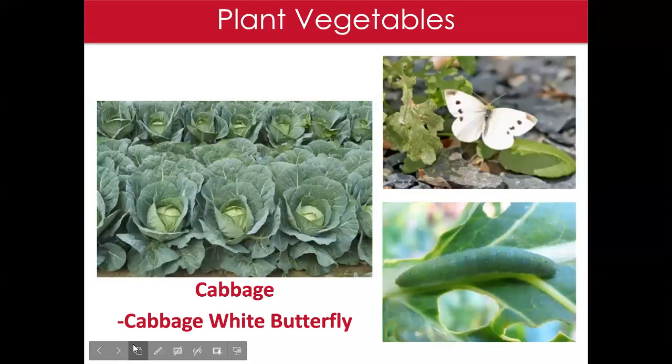And then vegetables, of course. Like we said earlier, about 80% of the vegetables that we eat are pollinated by different pollinating insects. So when they flower, they're going to attract these insects as well.